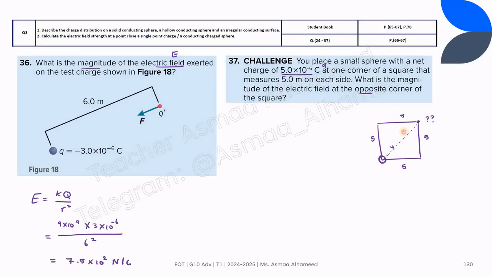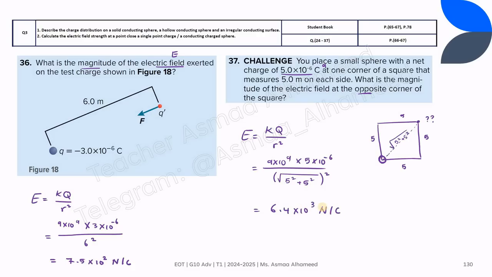So how much is this distance? This is calculated by 5 squared plus 5 squared. Now E is equal to kQ over r squared. k is 9 times 10 to the power 9. Q is 5 times 10 to the power minus 6. The distance is the square root of 5 squared plus 5 squared, squared again, and the answer will be 6.4 times 10 to the power 3 newtons per coulomb.